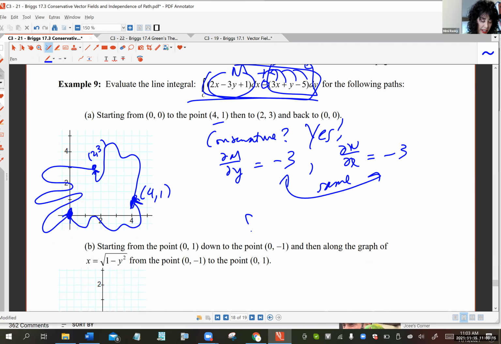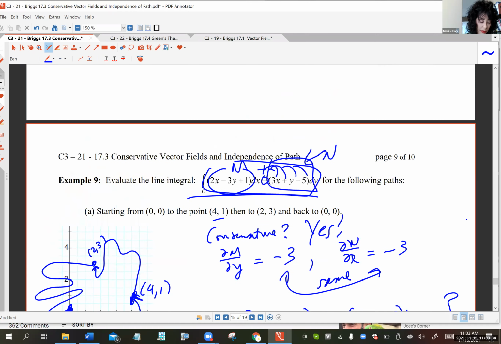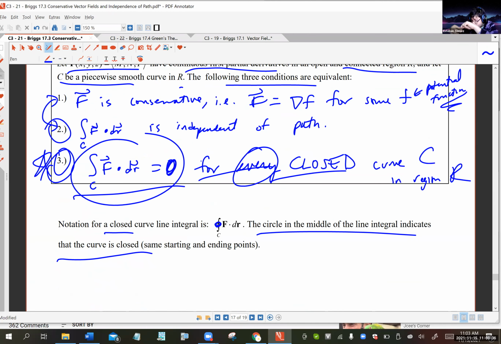So what can I say about the line integral? The line integral is going to be equal to what? Zero. Yep, 0.